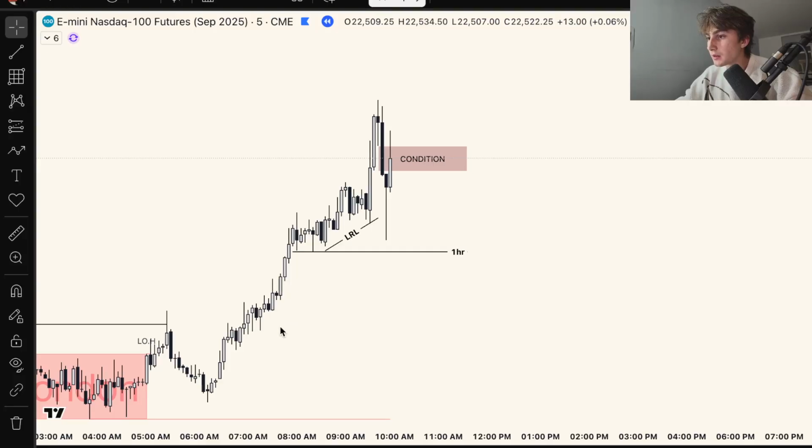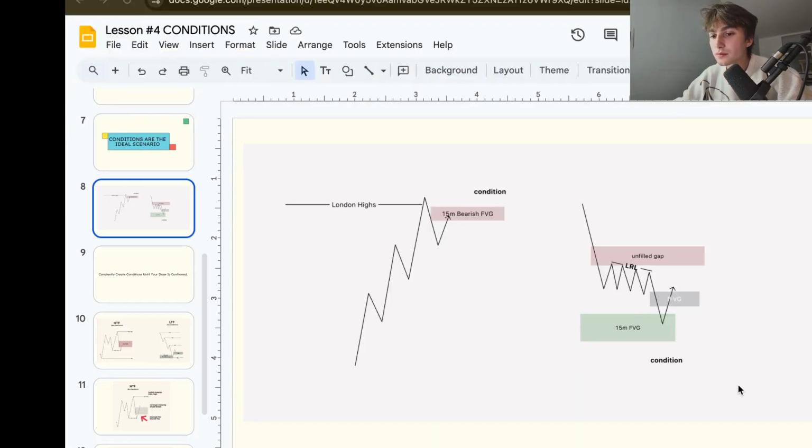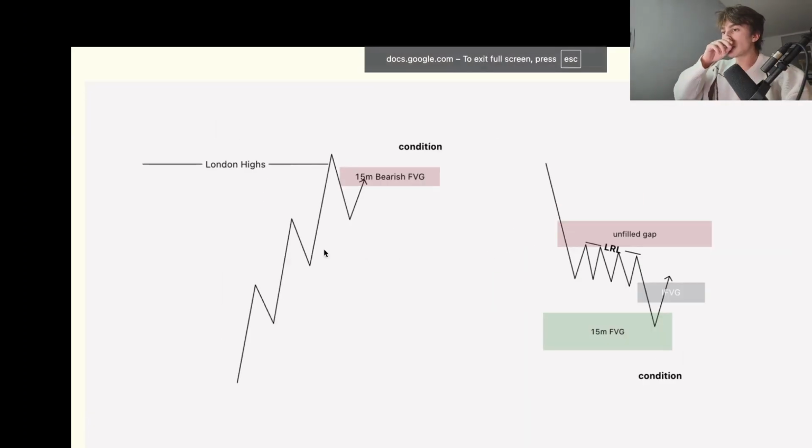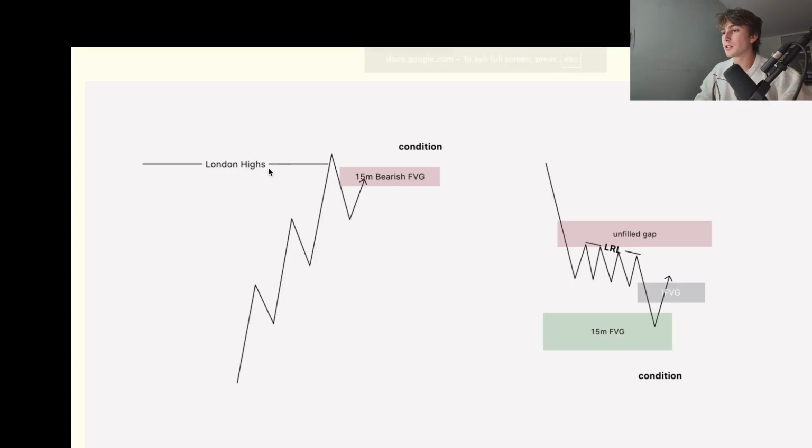And so if we go back to the slideshow, this is the same scenario, right? Where we've been super bullish. We took out London highs, except London highs was a little bit lower here. We took out previous day high as well. We've been very bullish. And now if we're going to anticipate a reversal, we want to see how we react towards that 5 and 15-minute bearish condition. All right. So let's go back to the charts here.